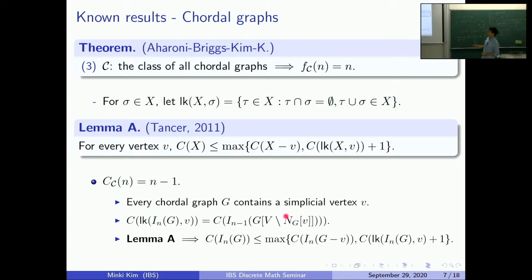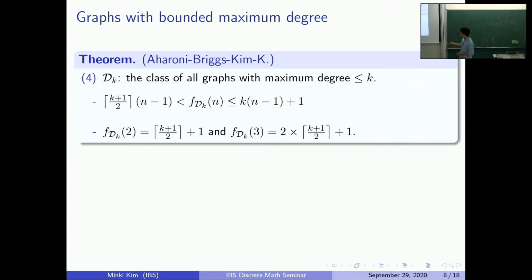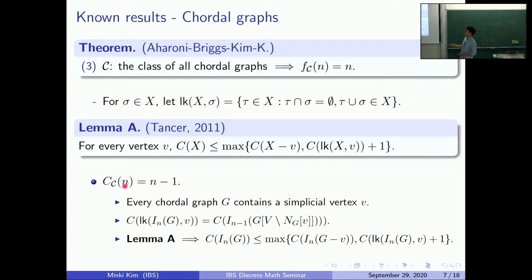Then just applying this lemma, by induction on the number of vertices, we know I_n of G minus v is always n minus 1 collapsible, and this link complex is some complex I_{n-1} of some other chordal graph. So it's n minus 2 collapsible, and we add 1 here. So we will have C_n equals n minus 1.